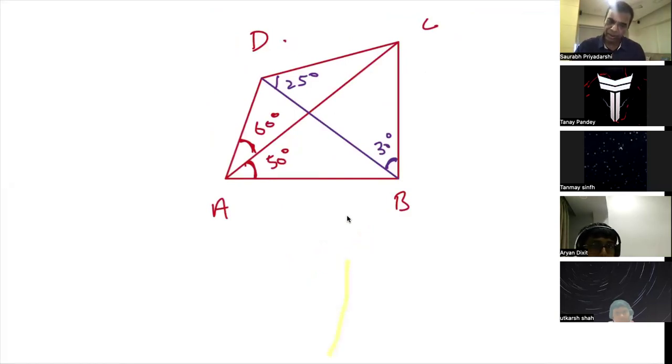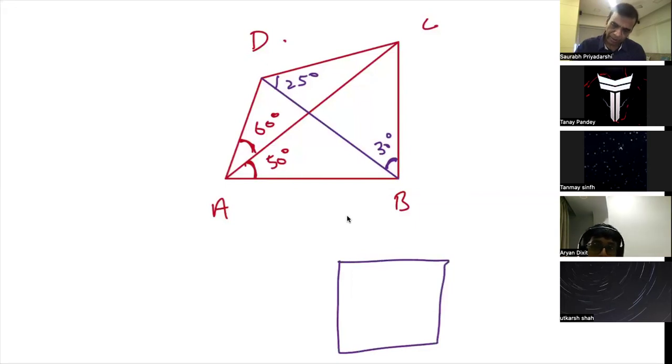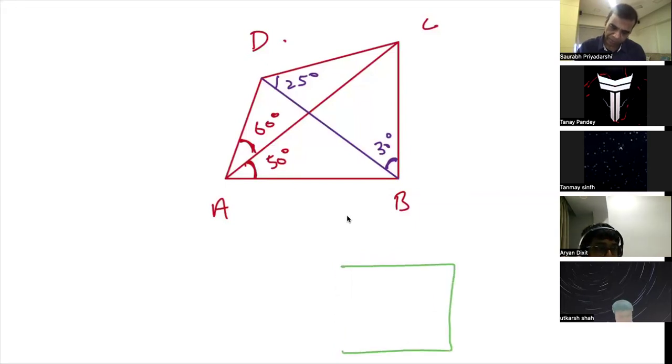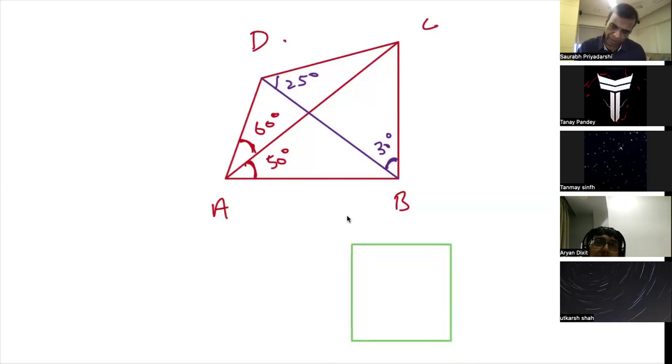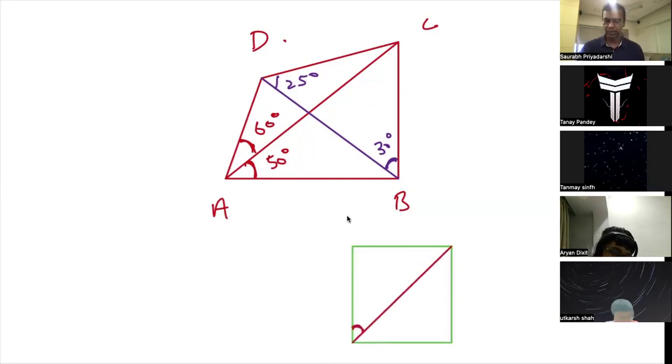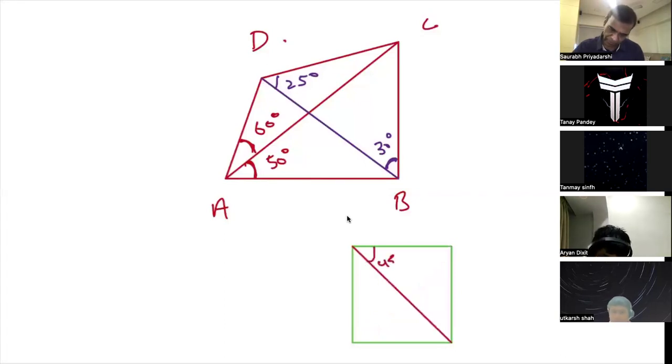I'm just creating a square or rectangle, and I'm taking this angle as 45 degrees.